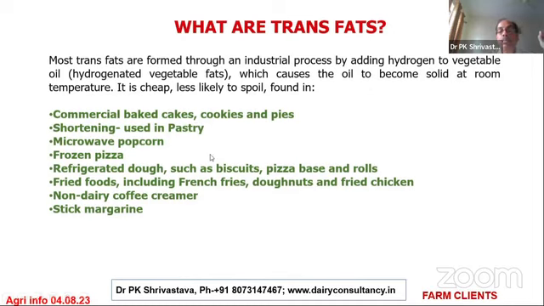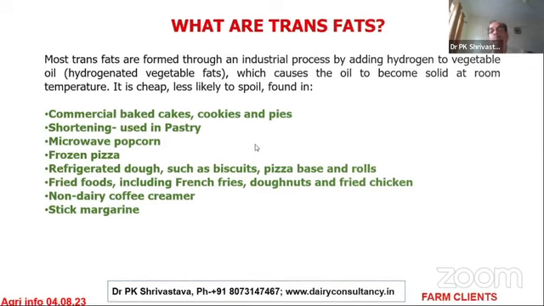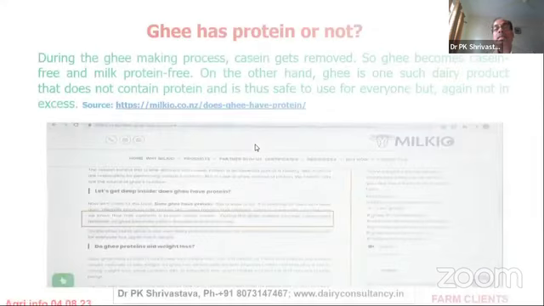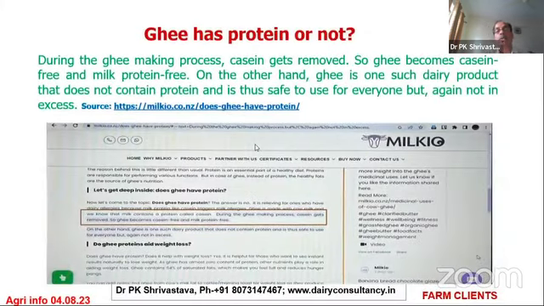Commercial baked cakes, cookies, pies, pastries, popcorn, pizza and pizza base, dough, including French fries, donuts, chicken fries, and dairy coffee creamer contain trans fat. And trans fat, you go and read, is much more dangerous than talking about A1 and A2.